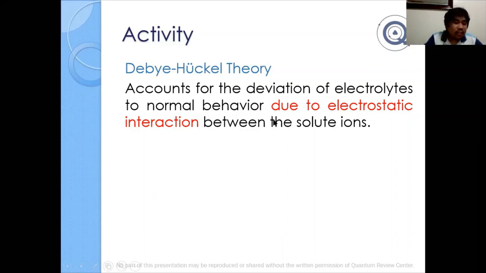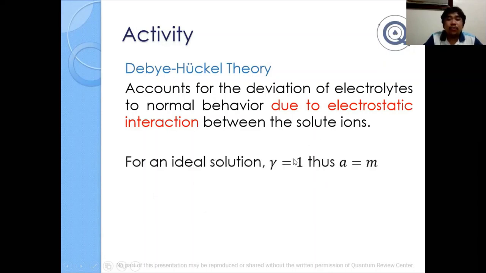Again, the reason is due to the heightened electrostatic interaction between the solute ions and the solvent particles. All right, so for an ideal solution, wala kayong problema. Your gamma is just equal to 1. Thus, your effective concentration is just equal to the actual or the ideal concentration. So, walang problema.